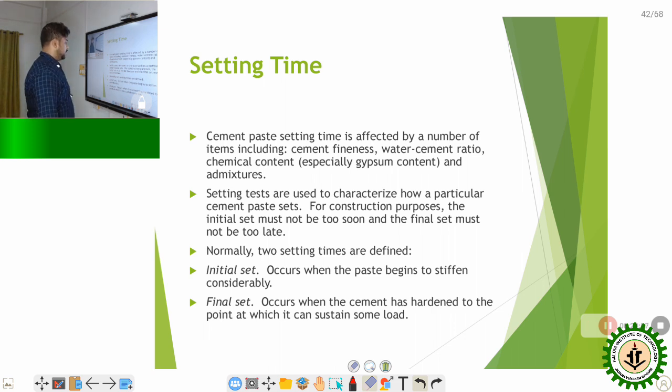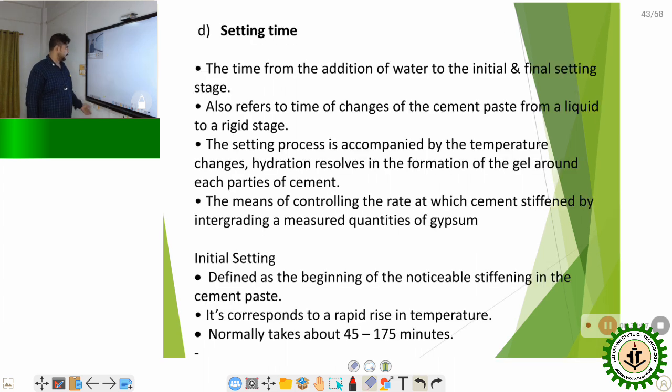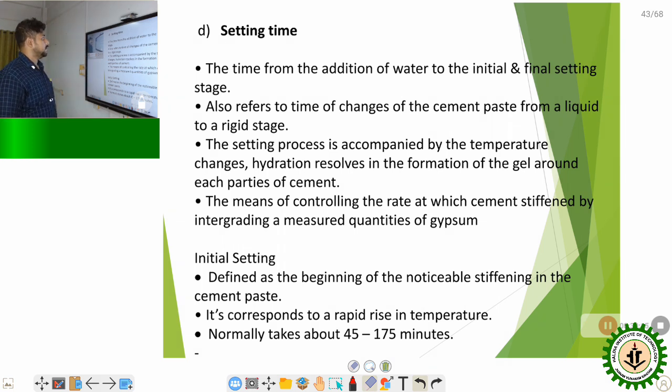Initial setting time occurs when the paste begins to stiffen considerably. Final setting occurs when the cement has hardened to the final point, meaning it can sustain some load. The time of addition of water and the initial stage also refers to the change of state of the cement paste from liquid to rigid.